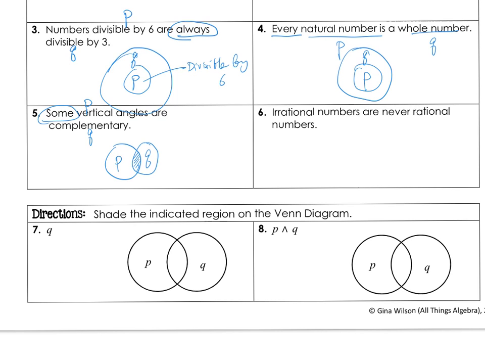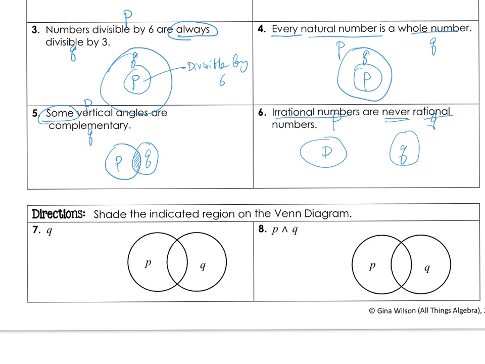They are a small portion of the two sets. Number 6, irrational numbers are never rational numbers. So complete opposite, and the keyword is never. If we call this P, we call this Q, we would have P on one side and Q on the other side.